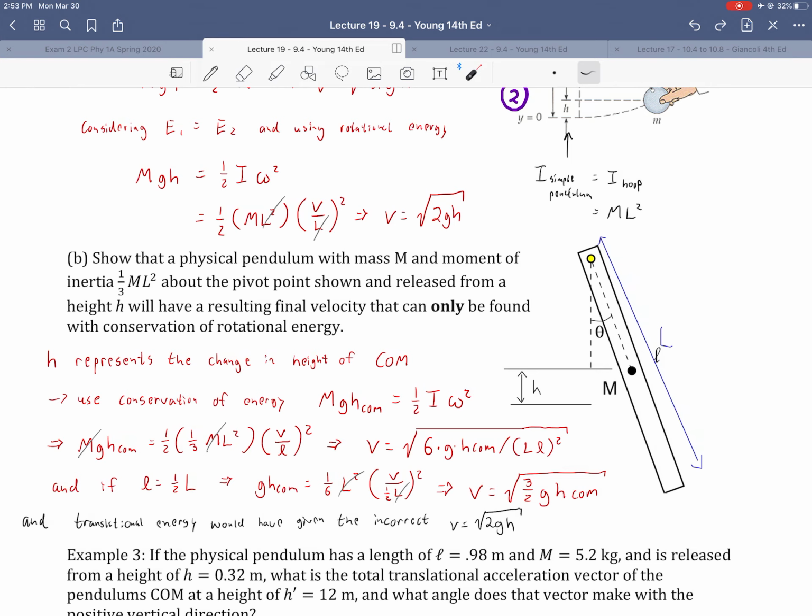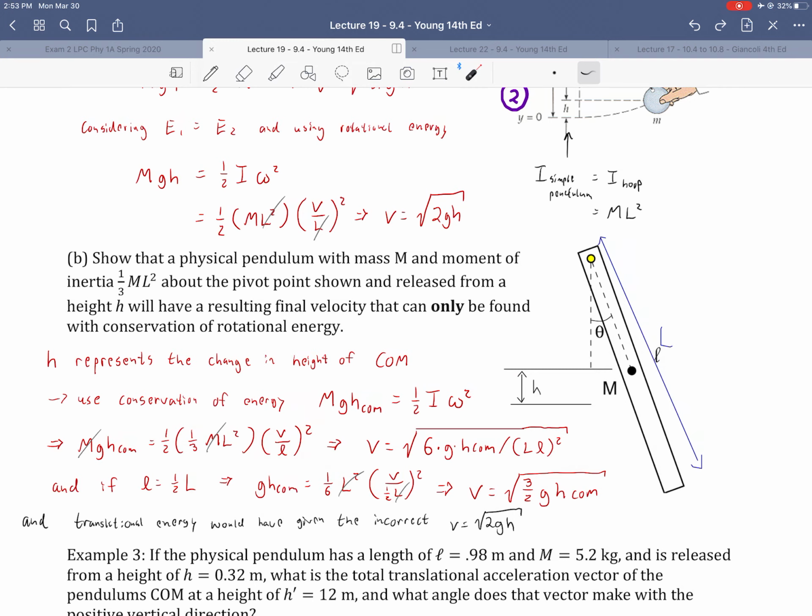Okay? And just to be clear on the terms here, because I don't want there to be any confusion. Big L represents the overall length. I said that L is 1/2 of the overall length, so I'll fix that in just a second. When we do it, I leave h com in the result.